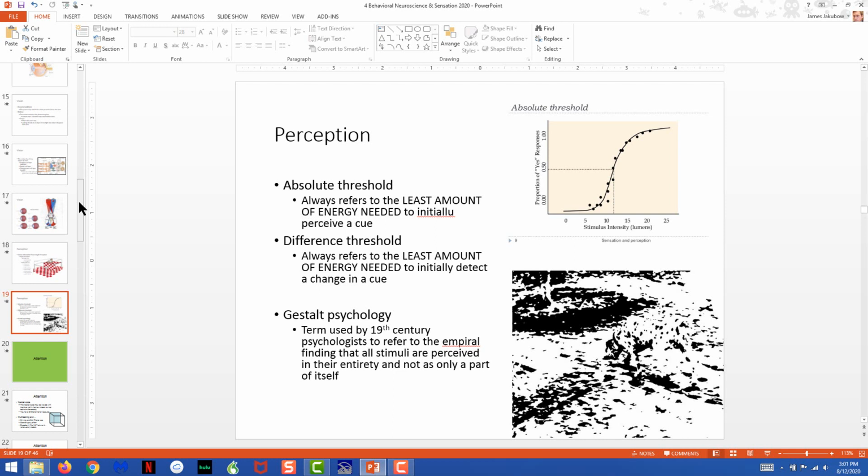And another aspect of perception is certainly related to absolute and difference thresholds from the whole concept of signal detection theory. Signal detection theory is a process developed in the 1950s, which is really the formal way in which sensory and perceptual experiences are evaluated in a laboratory.